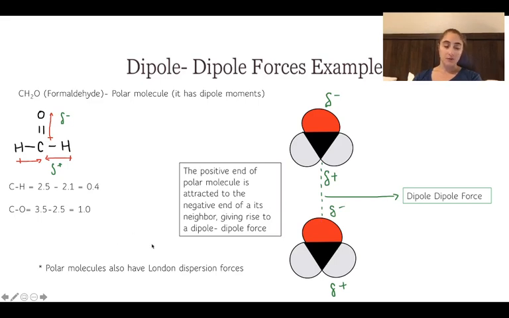A little reminder here: polar molecules also have London dispersion forces, because remember I said in the previous PowerPoint, London dispersion forces are present in all atoms and molecules. So not only does this have a dipole-dipole force, it also has a London dispersion force present as well.